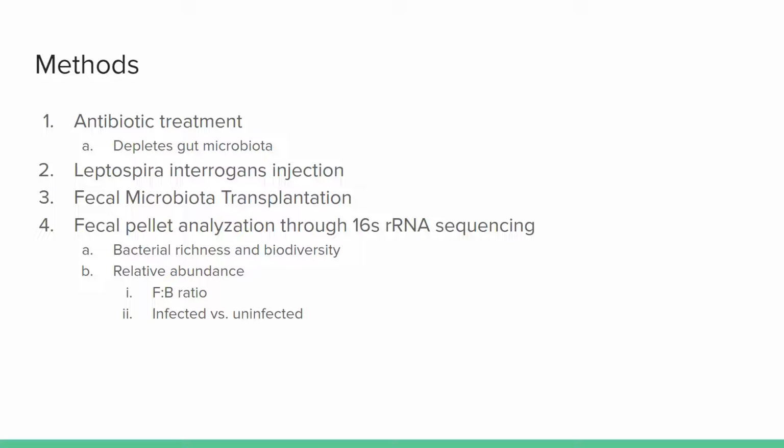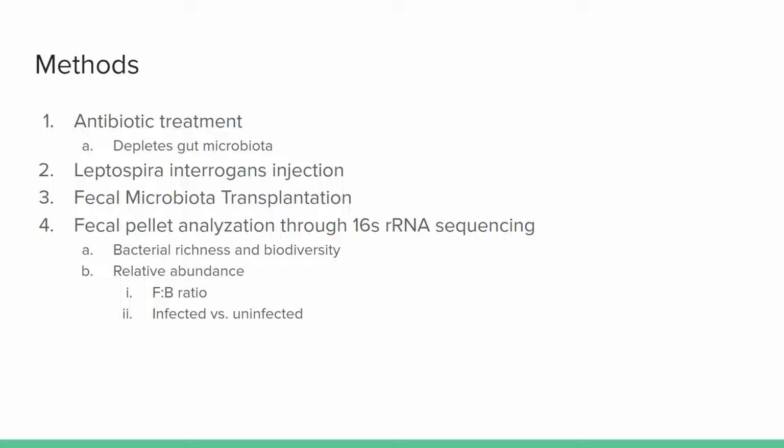The second group was control, so nothing was done to them. And then the third group with the fecal microbiota transplant also underwent antibiotic treatment in their drinking water for 3 weeks. They were also injected 2 days after being taken off the antibiotics, except the only difference is that they were treated with fecal microbiota transplant. What that is, is that the fecal pellets of the control group were collected, suspended, and spun down to form a solution.